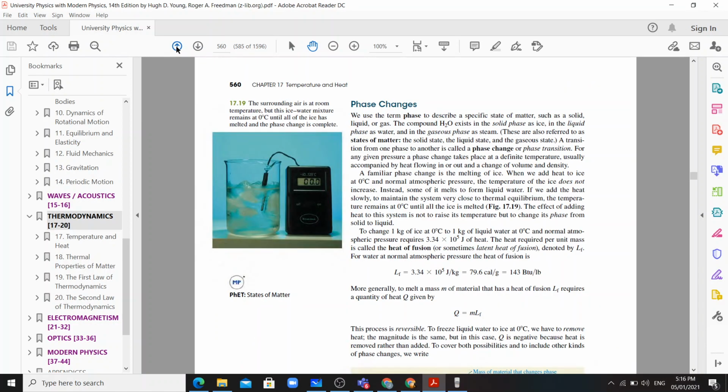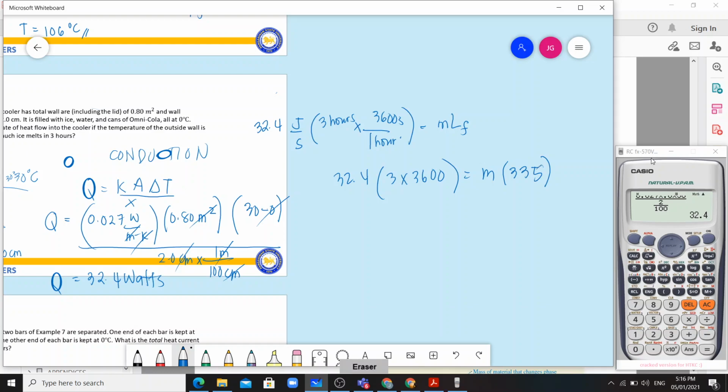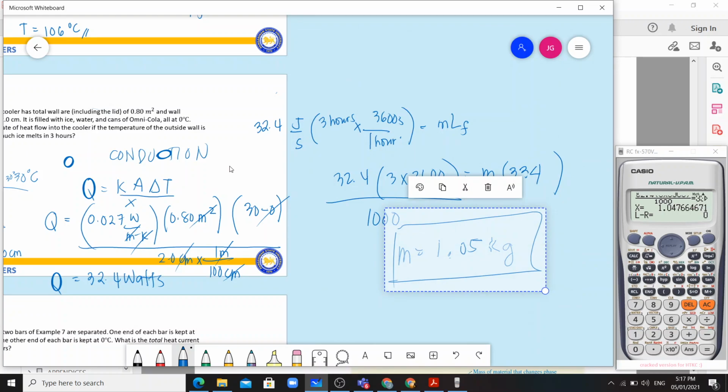What is the L F? It is 334. 334, sorry. 334. This is in joules per gram, so we divide by 1,000 to make it kilojoules. So, the mass of ice that melted is 32.4 times 3 times 3,600 over 1,000, over 334. That is equivalent to 1.05 kilograms. Okay? So that's how you answer example number 6.